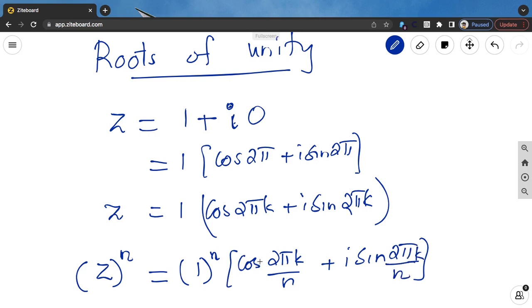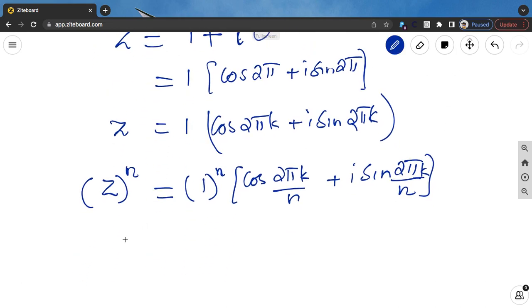So I'm going to use this to define roots of unity. Say n is half; that means I'm finding the square root of 1. Well, you may say the square root of 1 is 1. Yes, in the real number domain, I have only one square root, which is 1.